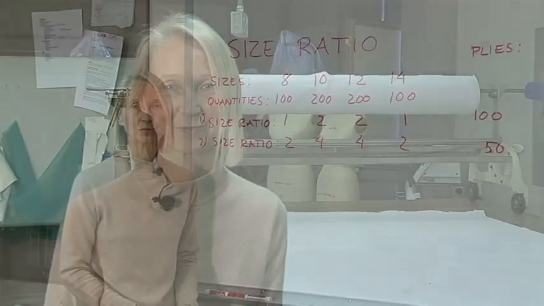Bundling means putting certain sizes, certain colors, garment units together, ready for garment assembly, for the sewing. And each bundle needs to be identified with a ticket, and that procedure is called ticketing.